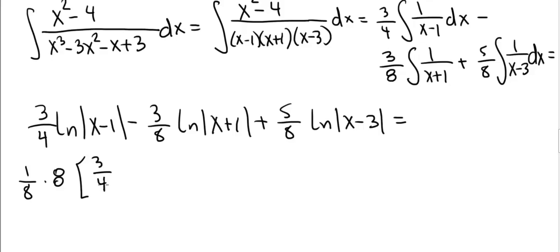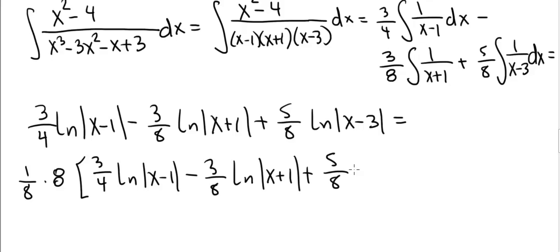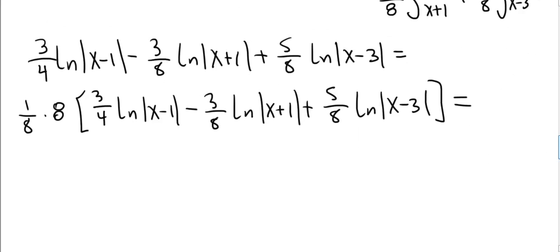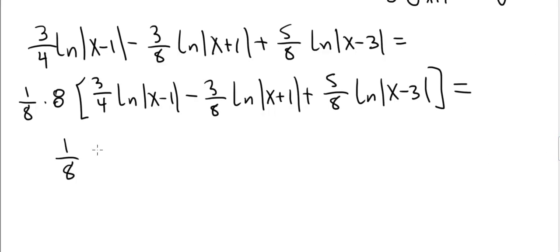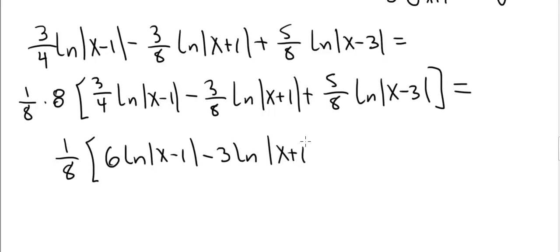So, 3/4 ln|x − 1| − 3/8 ln|x + 1| + 5/8 ln|x − 3|. Send in the 8, keep the 1/8 in front. So this is 1/8 times [6 ln|x − 1| − 3 ln|x + 1| + 5 ln|x − 3|].